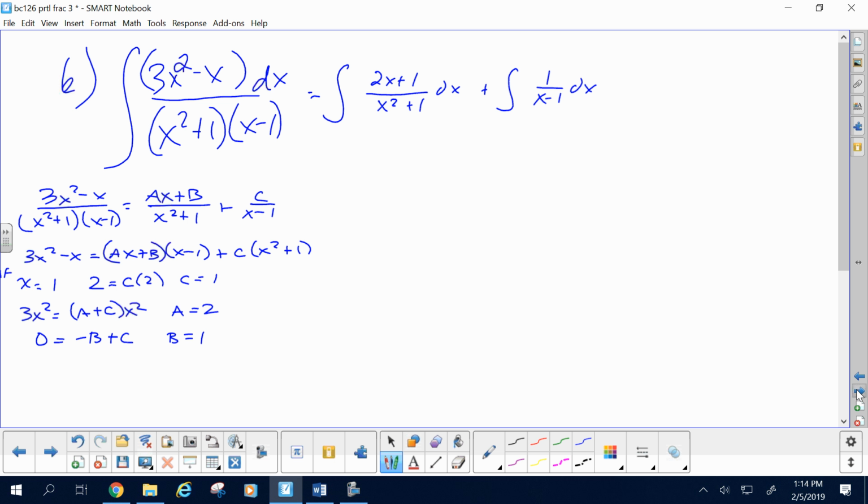Do you agree to x plus 1 over x squared plus 1 and 1 over x minus 1? All right, I'll assume that's a yes.